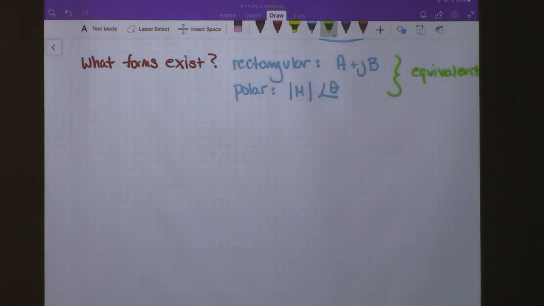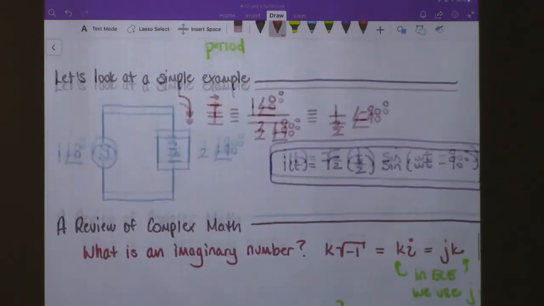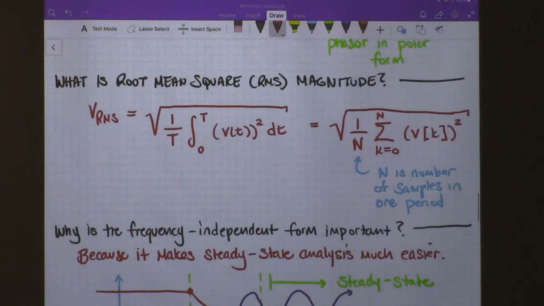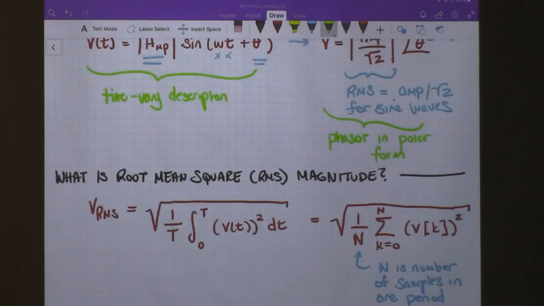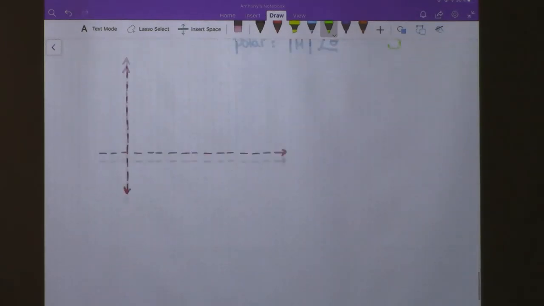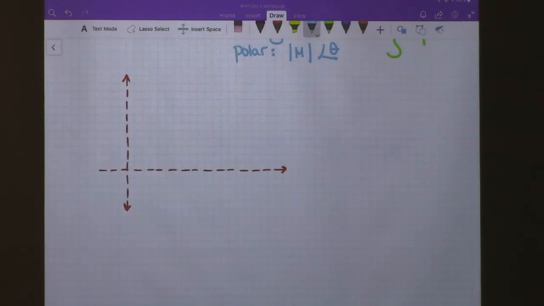The easiest way to represent the relationship between them is to do so graphically. So a phasor, we can also call it a vector, because you'll see here it can be represented as a vector, right?